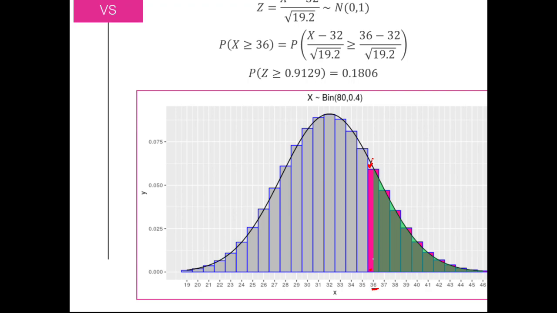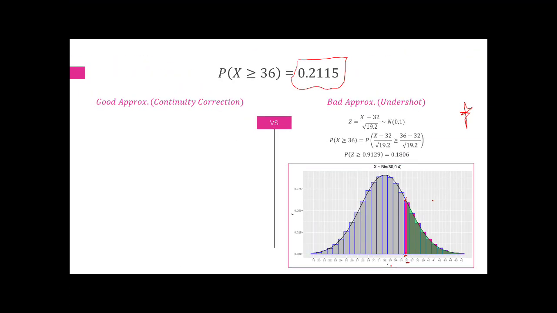And when we're doing a greater than comparison, adding probability means subtracting something from our bound, so basically making our bound go here. And the exact value of that subtraction is just 0.5 because it's in between 35 and 36, which is going to be 35.5.